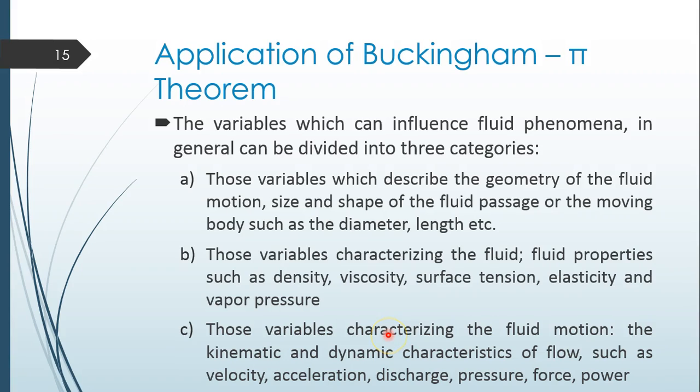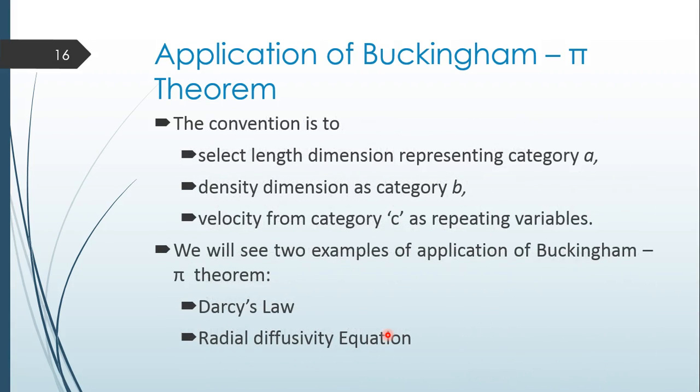Since we are considering fluid motion, temperature becomes irrelevant. So the convention is to select the length dimension from category A. Those were the three categories A, B, and C. So the length dimension comes from category A, density as the mass dimension from category B, and velocity from category C, because velocity contains a time factor. The time is contained in velocity.